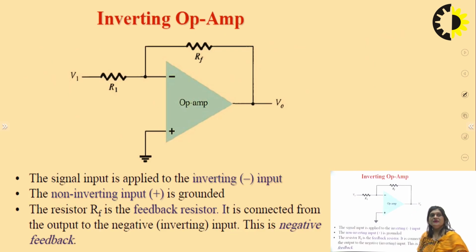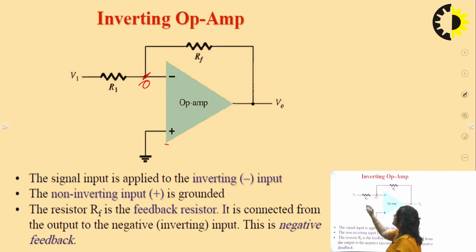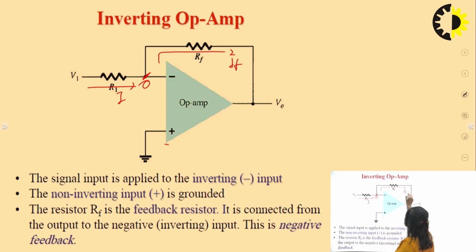Now this is the inverting amplifier. We can derive the gain of the inverting amplifier with the help of the virtual ground concept. Here we can see this terminal is grounded, so the potential at this point would be equal to 0. And an ideal op-amp does not draw any current, so all the current coming here will pass through here.